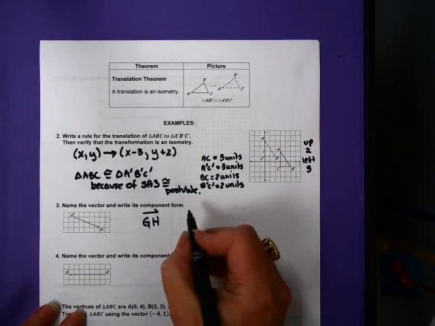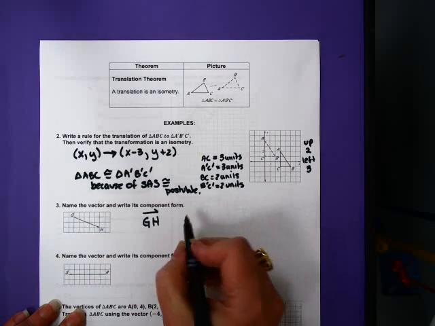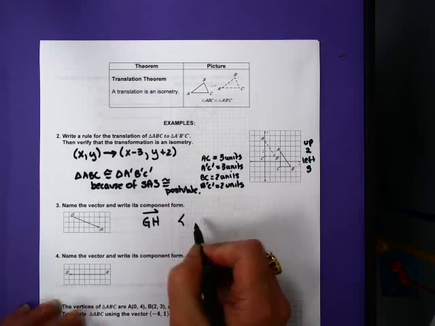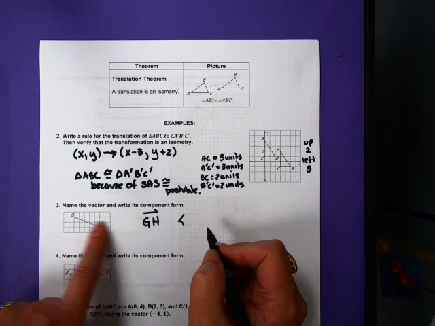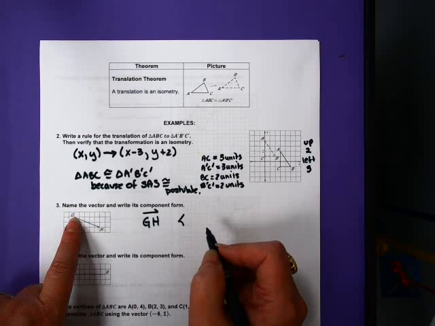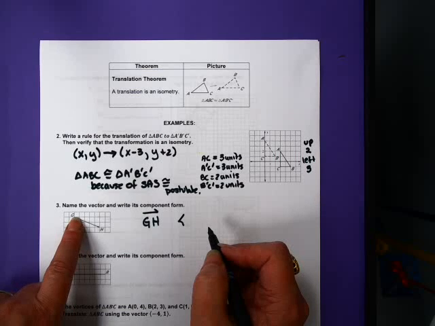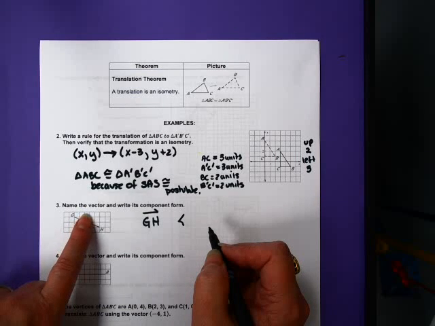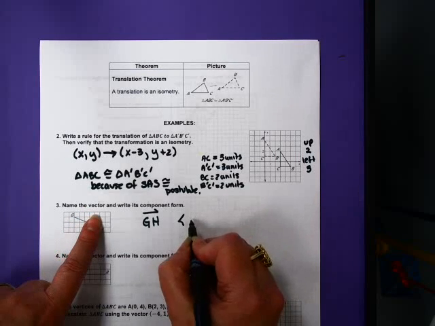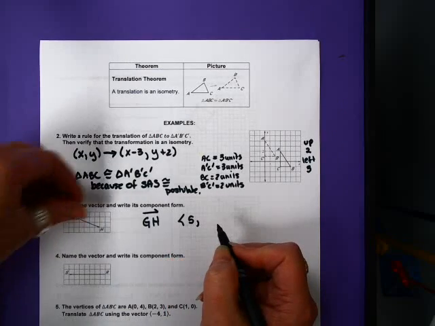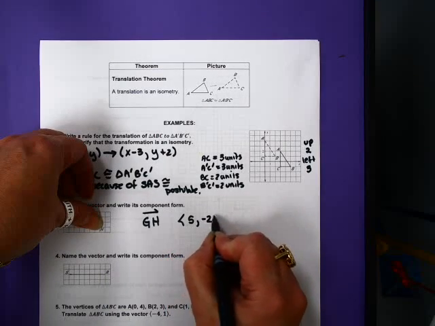And then the component form is, how do you get from G to H? Okay, so I start off with, how do I move left or right? So that's going to be to the right, 1, 2, 3, 4, 5. So that's positive 5, and then down 2.